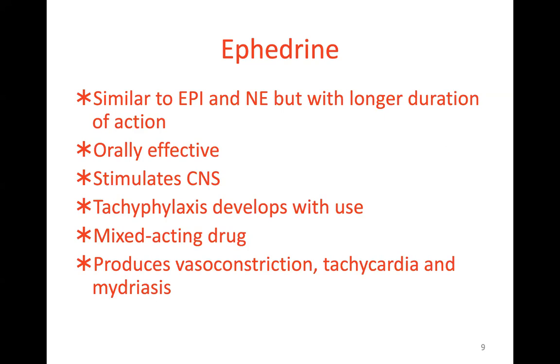So it's going to be very similar to epi and norepi. What we do see is this one does get across the central nervous system. So, different from norepi or epi, ephedrine can get across the central nervous system, and it can produce CNS stimulation.